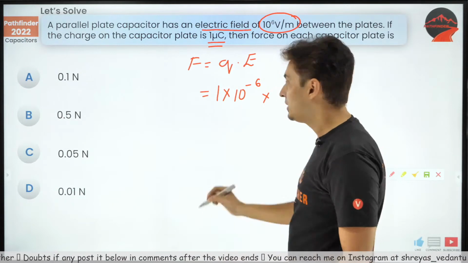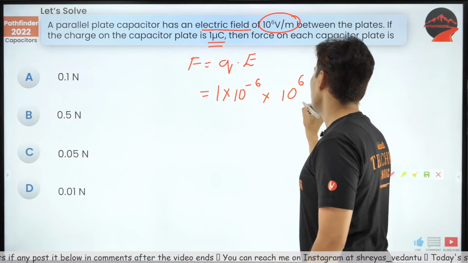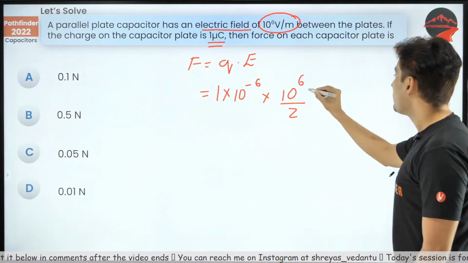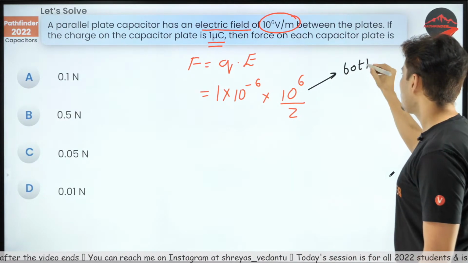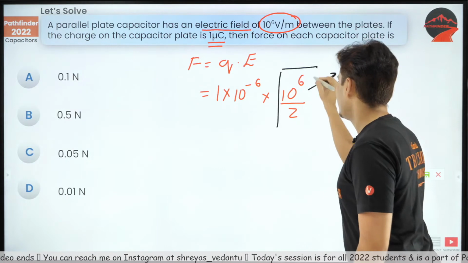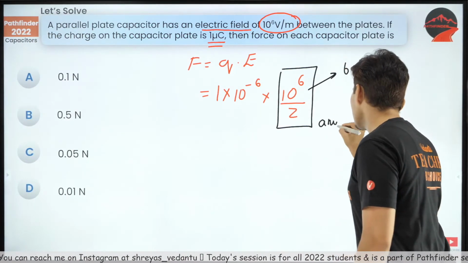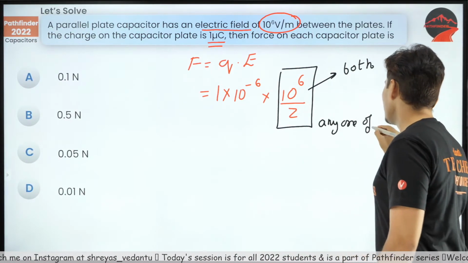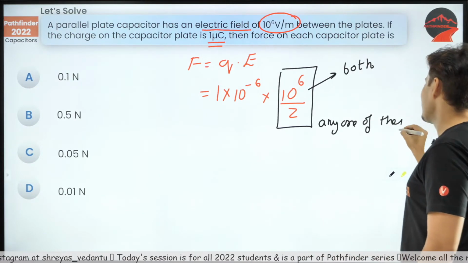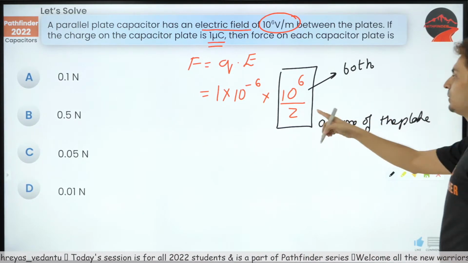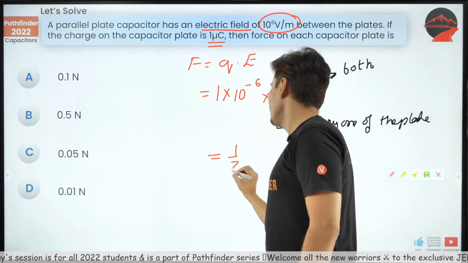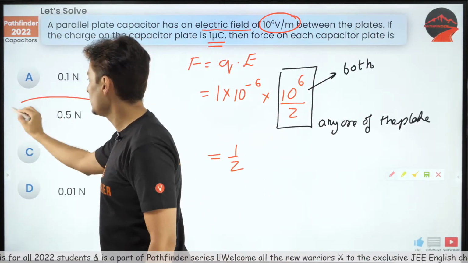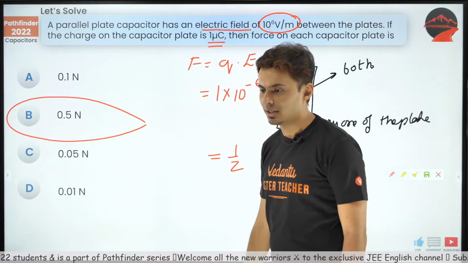Please divide it by 2. Understand why we are dividing it by 2? Because this field is because of both plates, and this one is because of any one of the plates. Please understand. That's why you have to divide it by 2, and hence the correct answer will be half. That means it should be 0.5 Newton.